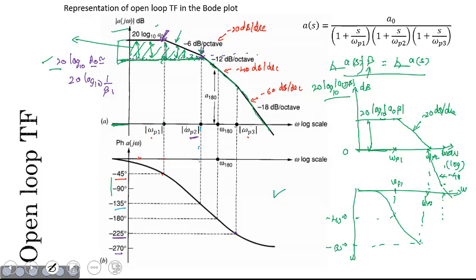And this is how we would end up. And further, when we encounter the third pole, we'll have this minus 25 degrees. So there is no change with respect to the phase.